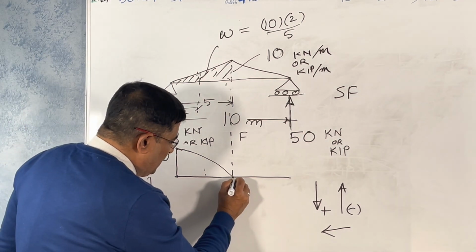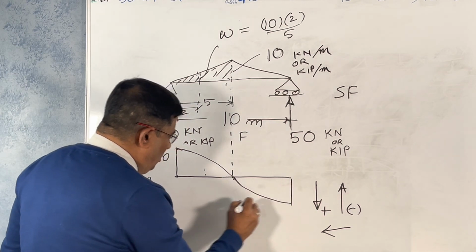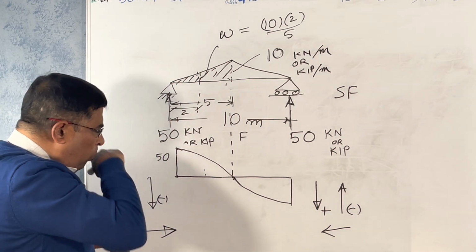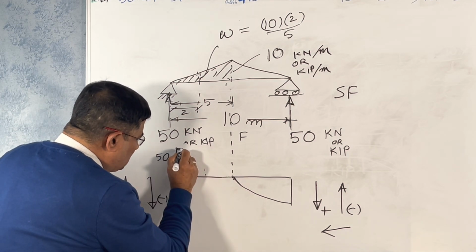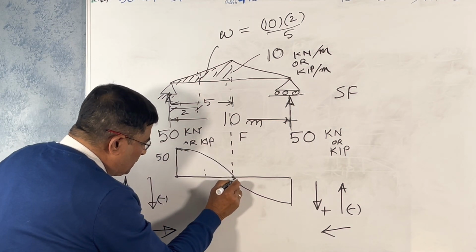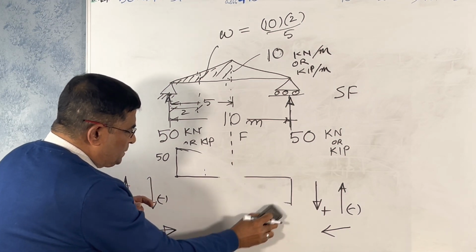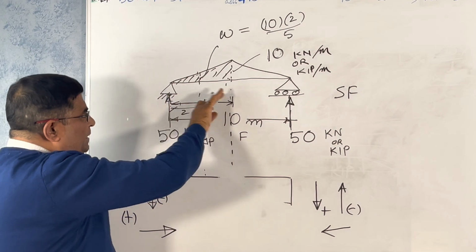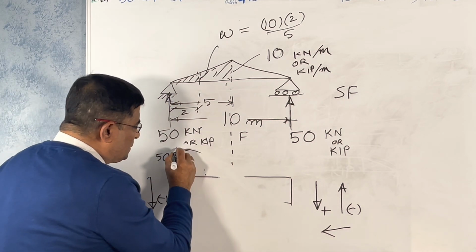In other words, it goes like this. The rate of decrease is initially a little flat, then goes sharp, because the intensity is getting more and more to the right. So it is like this.